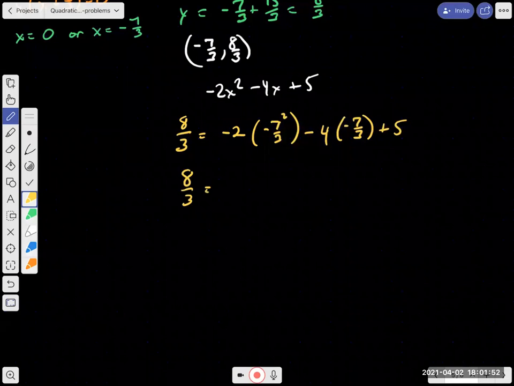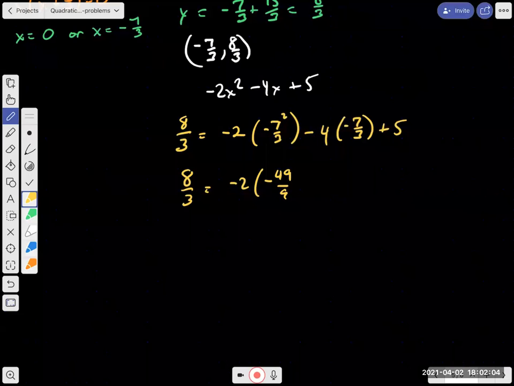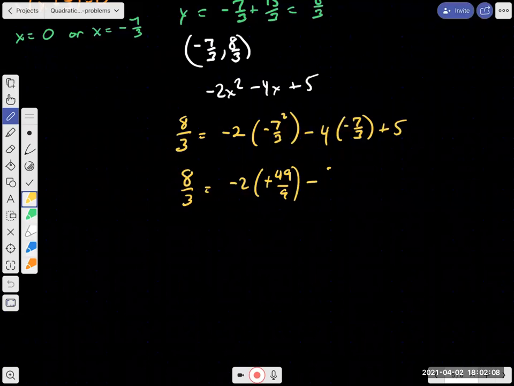So minus 2 times, and this will be minus 49 ninths. Except it's minus times minus, so it'll be plus. And then this will be minus 20 plus 28/3 plus, so let's just make this into 15/3 and see what we get.